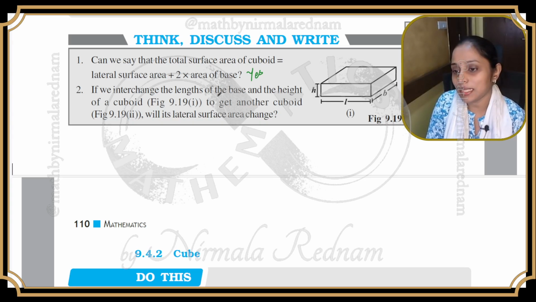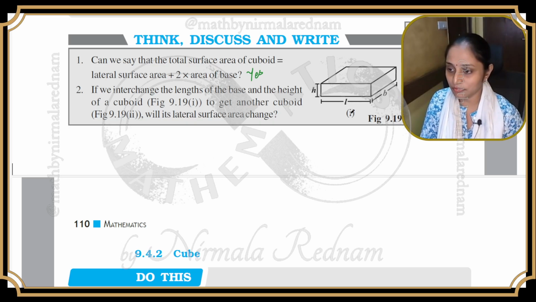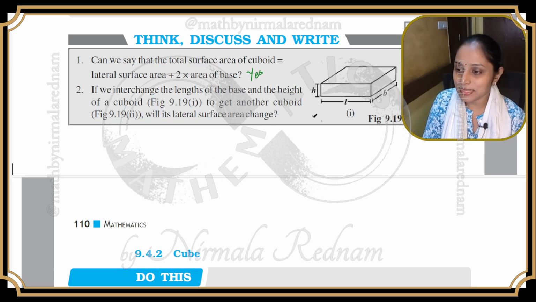If we interchange the lengths of the base and the height of a cuboid to get another cuboid, will its lateral surface area change? Now here, if you notice, they're using the same cuboid, they've only changed the orientation. That is, in the first figure my base is LB, and in the second figure the base is BH, right?